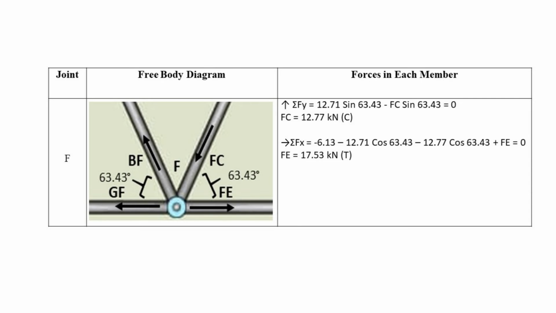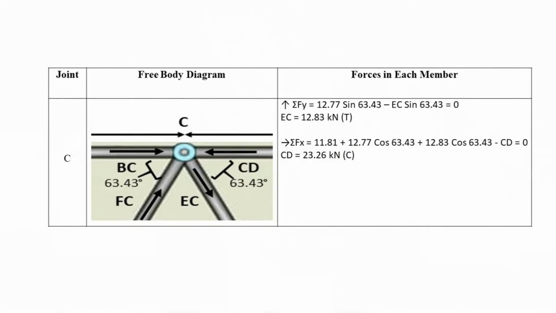Negative 6.13 is obtained from our previous calculation where we figured out GF is equal to 6.13, and it is negative because the arrow is pointing to the left side. 12.71 is obtained from BF, and we figure out FE is equal to 17.53 kilonewtons and it is in tension.